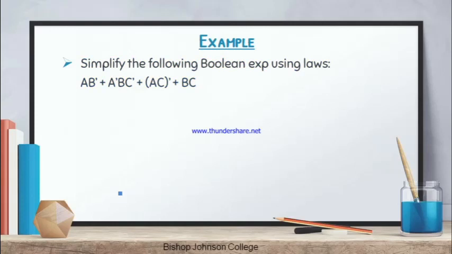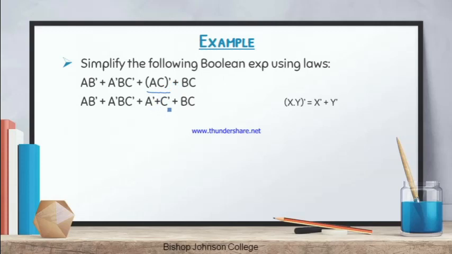Next example, simplify the following equation. Next step, put De Morgan's theorem here on a dot c whole bar. A dot c whole bar becomes a bar plus c bar, De Morgan's theorem. Then take a bar common between two terms.